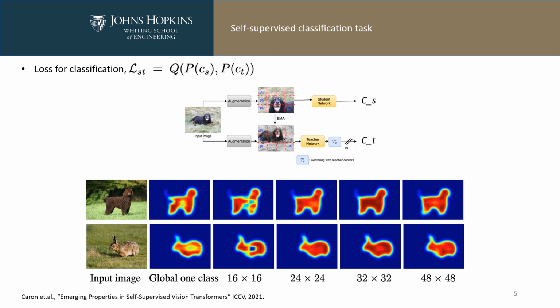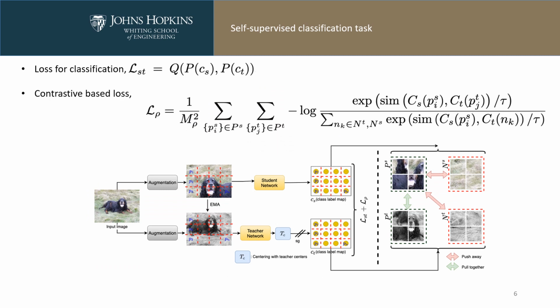Thus, we train the classification task with patch-wise labels using our proposed loss in the next slide. To improve the quality of class activation maps, we perform patch-wise supervision for the class labels using the contrastive based loss as shown here.